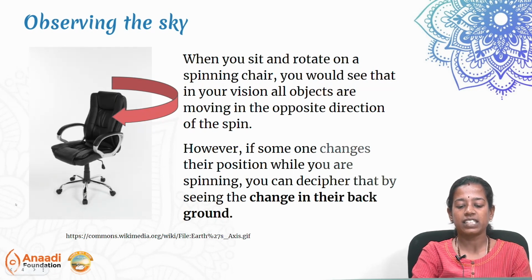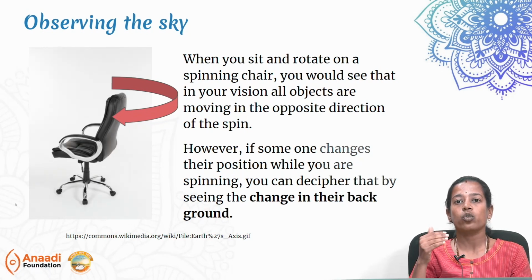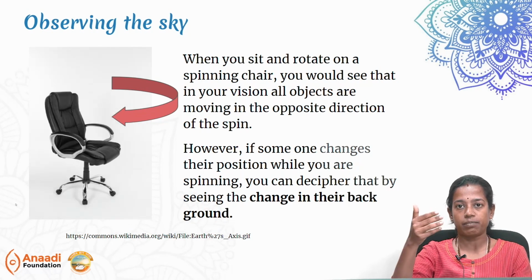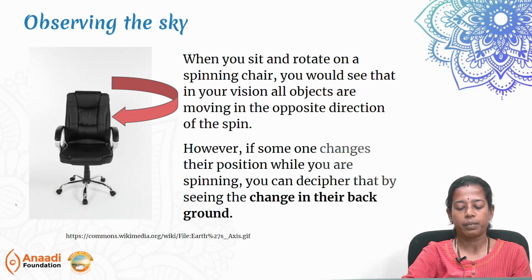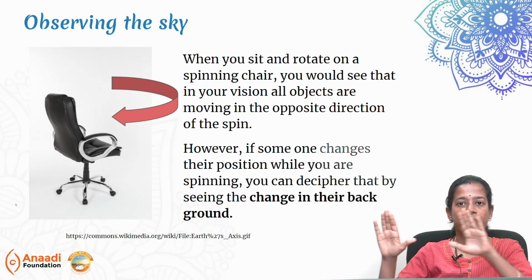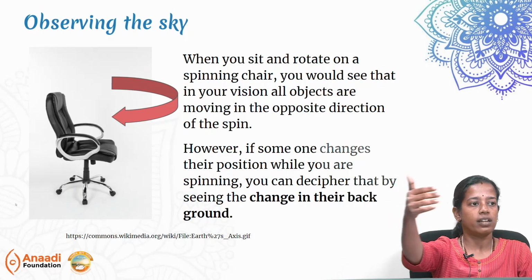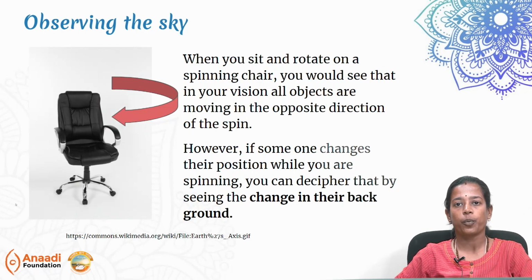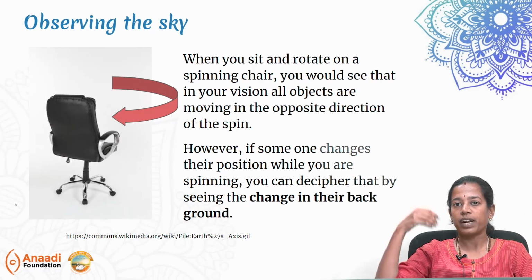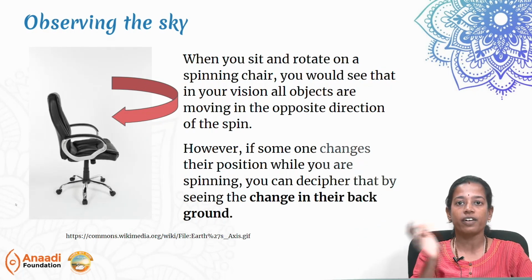In such a case, what one can do is try to map them or project them towards a stationary background. So if I move from here to here, there is this wall and there are other items present in this studio. But if my friend moves from this side to that side, definitely the background would have varied.